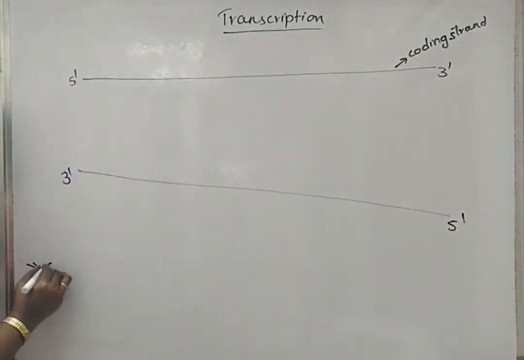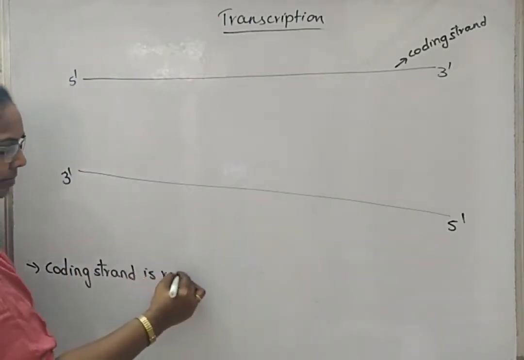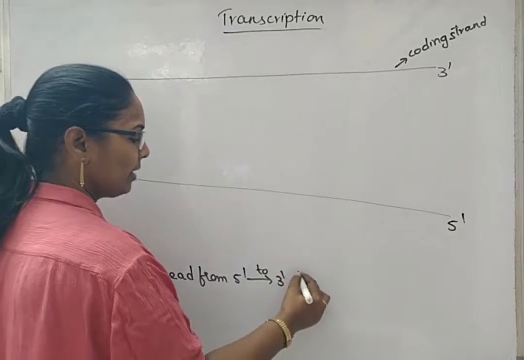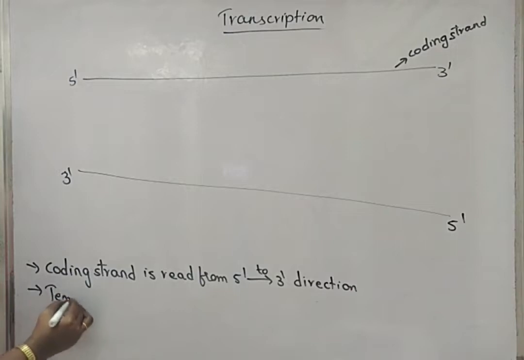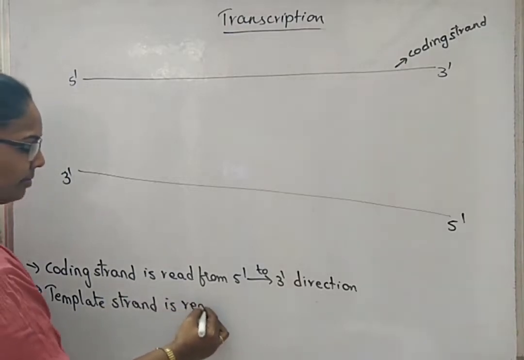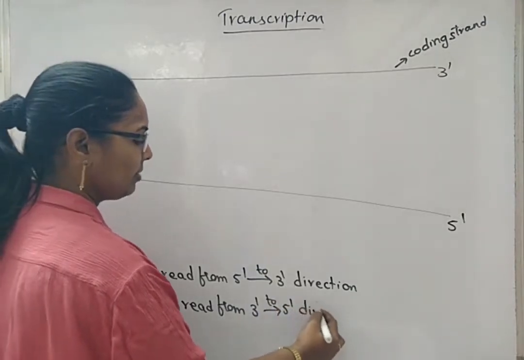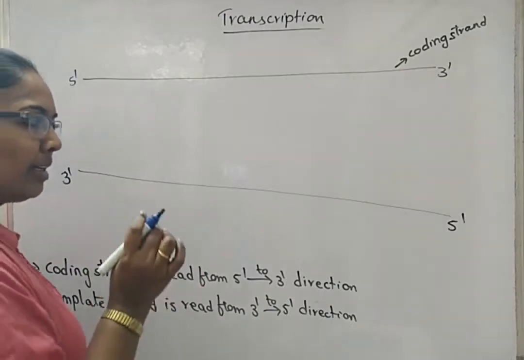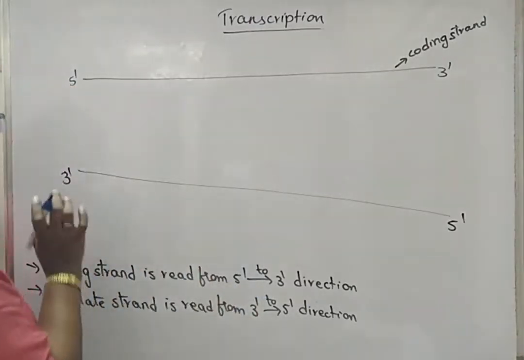We will write one point here: the coding strand is read from 5' to 3' direction. Next, the template strand is read from 3' to 5' direction. Now, if a question was asked, what type of stream is present on the 5' end of the coding strand, then it will be upstream.